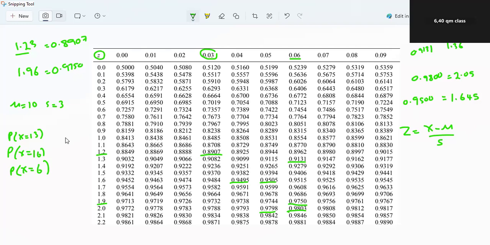For instance, if I were to tell you 2.0 here, the reading from this starting point up to 2.0, or this area, is equivalent to 0.9772. So it means that this whole region here is about 97%, 0.9772.